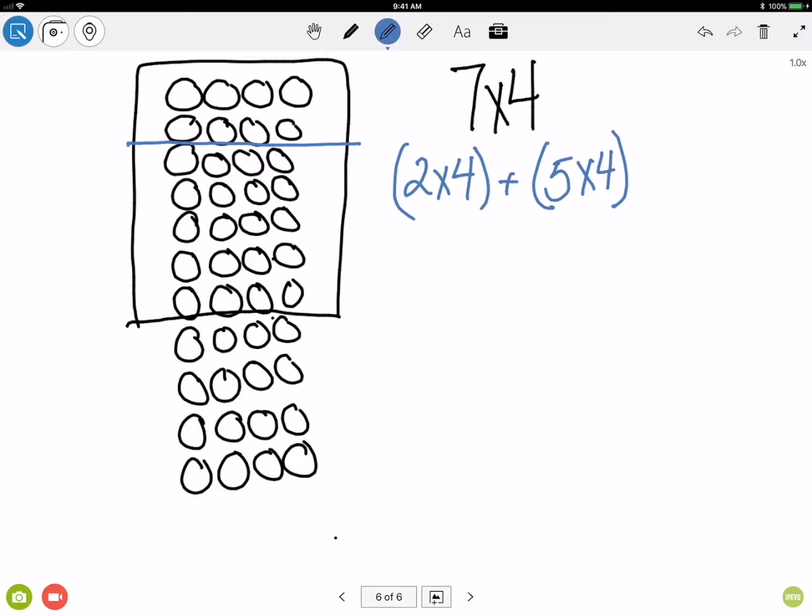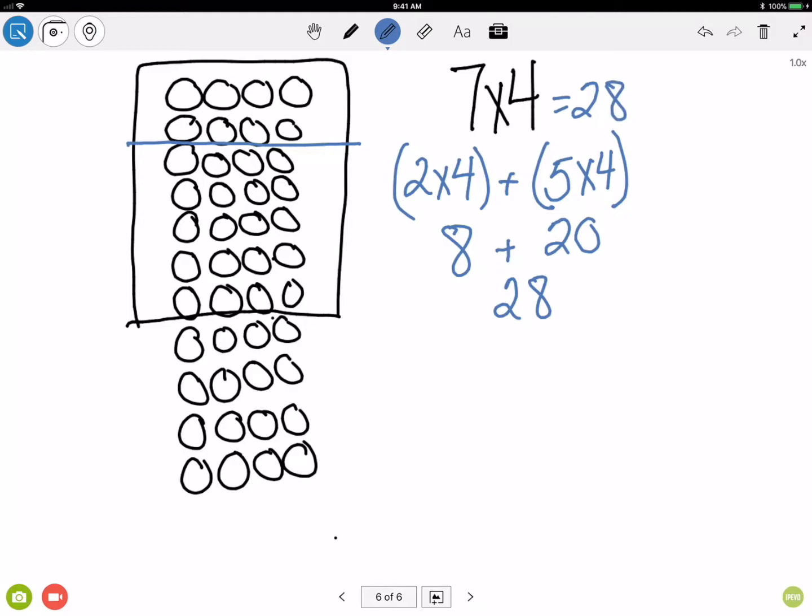So we're just chunking our array into sections that are easier for us to solve. So 2 times 4 is equal to 8, plus 5 times 4 is 20. So then we just have to do 8 plus 20 is 28. So 7 times 4 is 28.